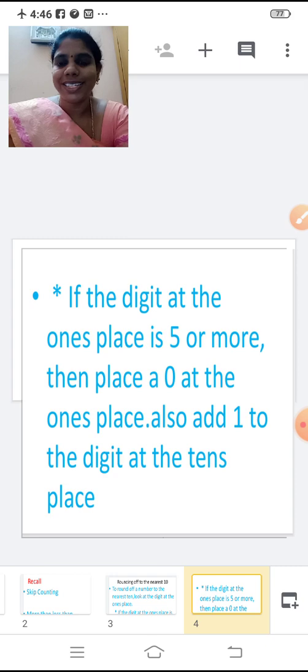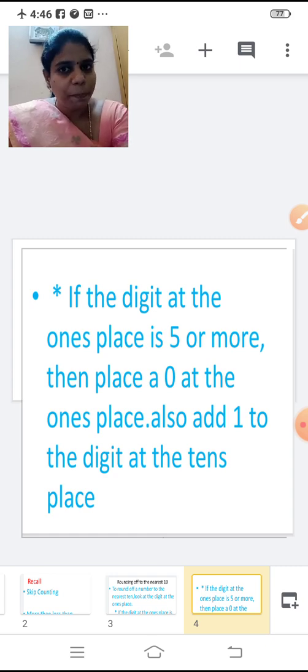So if the digit at the ones place is 5 or more than 5, what you have to do? You have to place 0 at the ones place and then you're going to add 1 to the digit at the tens place. Now we'll see some more examples.